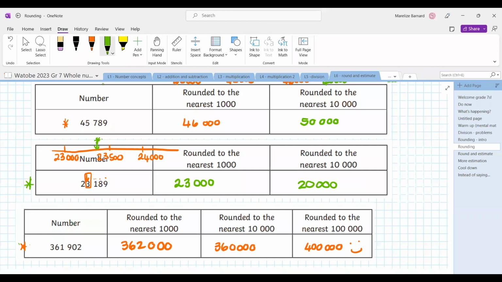Closer to 23,000. So we're going to round it to 23,000. That's right. And that's what you do every time. It's the same for tens, hundreds, 10,000s.